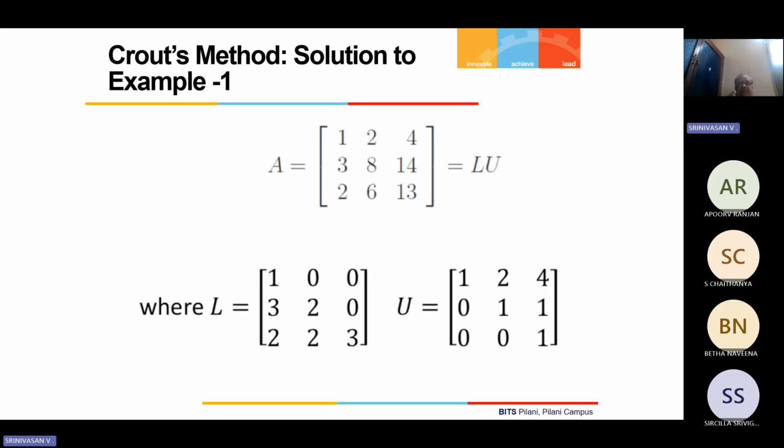That is the first row, second column entry of your given matrix A. This is A11, this is A12, so that is 2. Similarly, U13 is nothing but A13. Next you are finding U23.